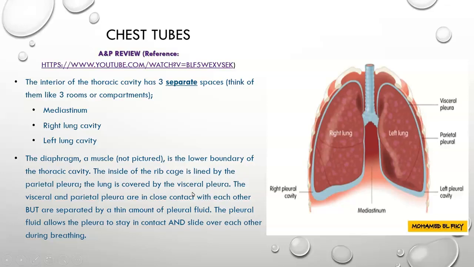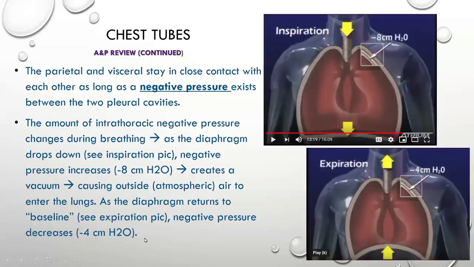The visceral and the parietal pleura are in close contact with each other, but they are separated by a thin amount of pleural fluid, usually about 50 mL. The pleural fluid has two great jobs: allowing the visceral and the parietal pleura to stay in close contact with each other, but also allowing them to slide over each other as the lungs inhale and exhale, as breathing is done.